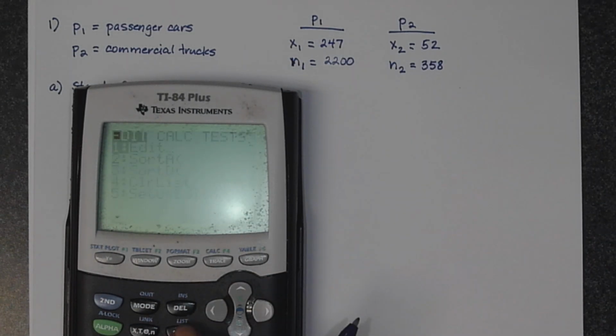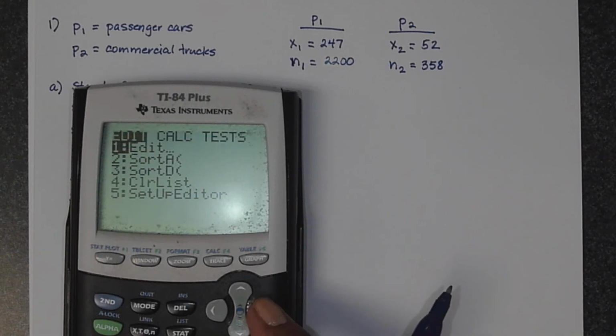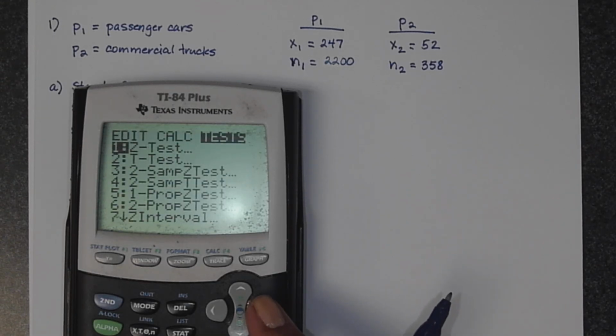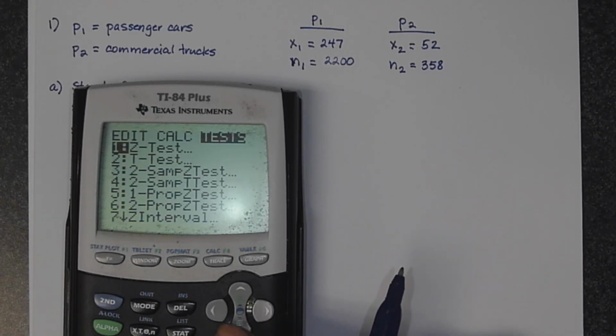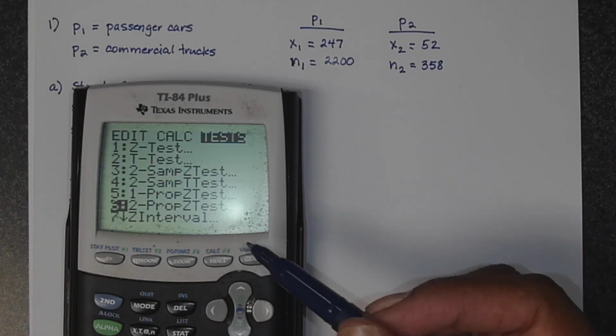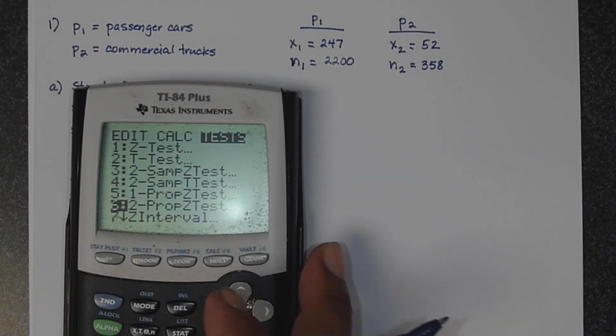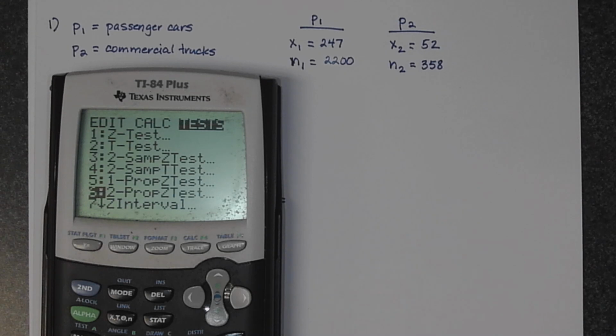So to do that, you have to press your stat key, right arrow over to test, and in this case, we're going to use what they call a 2-prop z-test. We're doing 2 proportions, so it's got to be a 2-prop z-test, which is this menu item that I have right here on the screen.